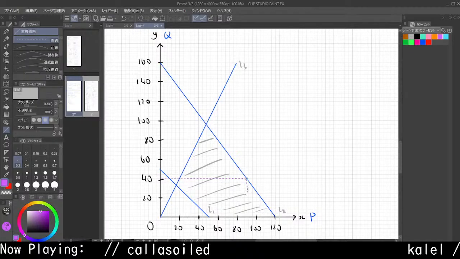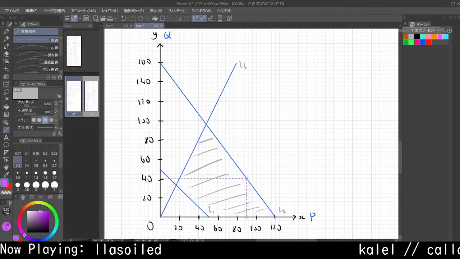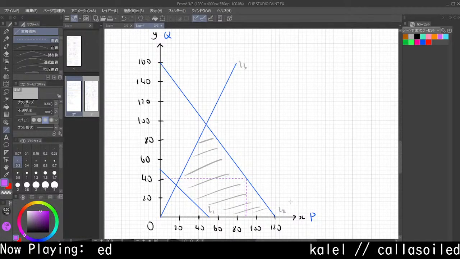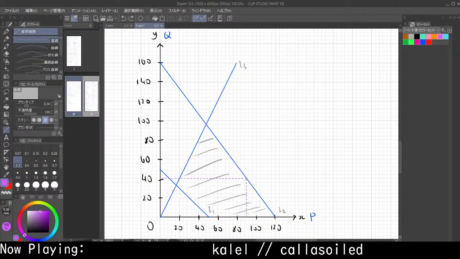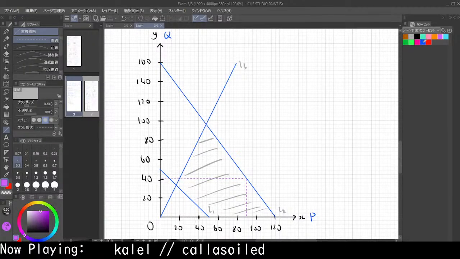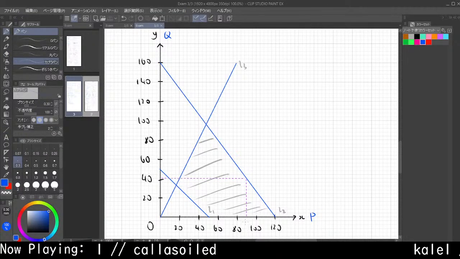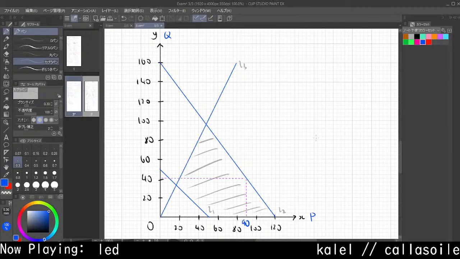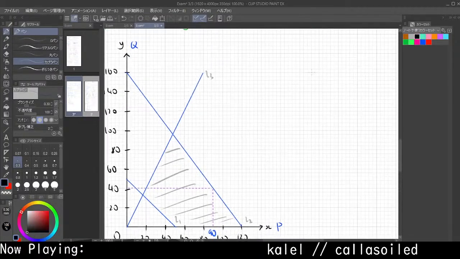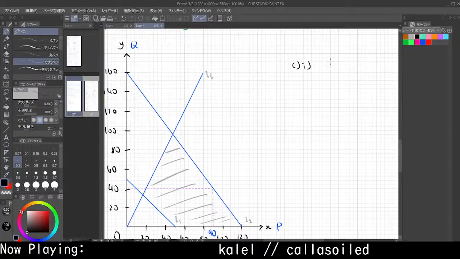Then we draw down directly. Okay, so you should get 90. You should be able to get 90 if you do this directly like that. Yeah, so you should be able to get 90, which should be this point over here. Okay, so this is part C1. So for part C1, just write 90.